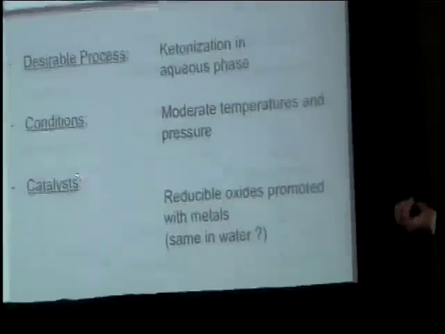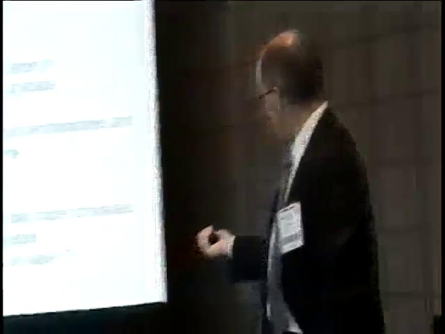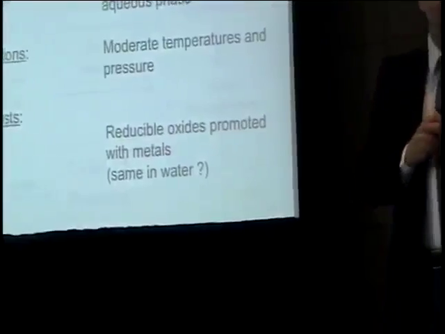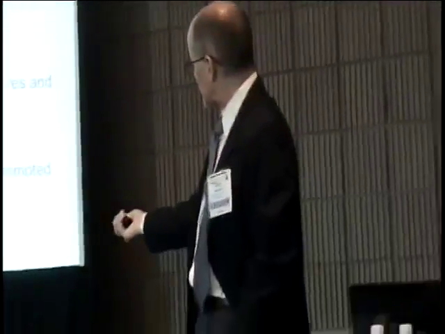So for that, we looked at catalysts that are more active at lower temperatures. We saw that reducible oxides, mostly promoted with metals, work well in the vapor phase. The question is whether it would be the same in the aqueous phase, in the presence of water that will deactivate the catalyst.